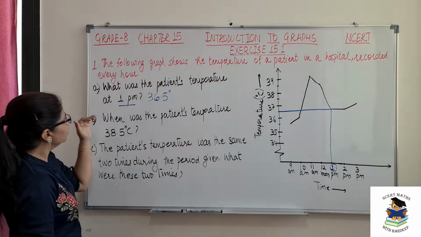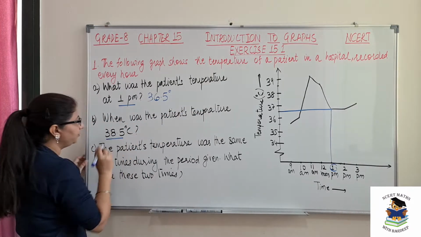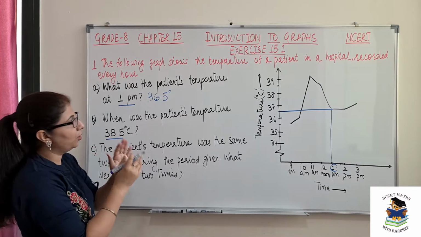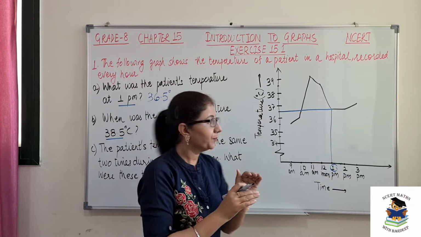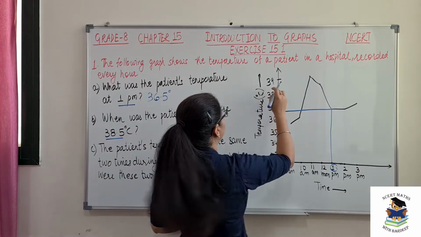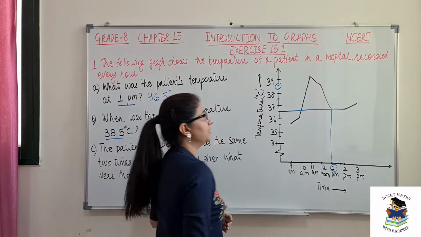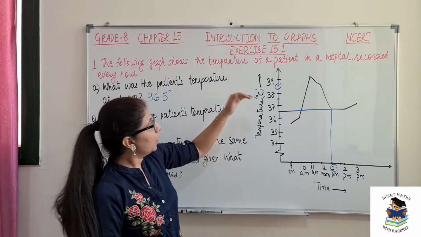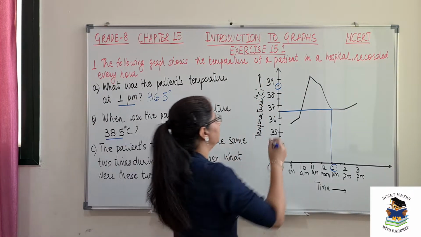So B part is, when was the patient's temperature 38.5 degrees Celsius? Now this is the opposite. Temperature is given and we should find the time. Okay. So 38.5 means this is 38, this is 39, this position is 38.5. So now we will see at what point in the graph this temperature is.